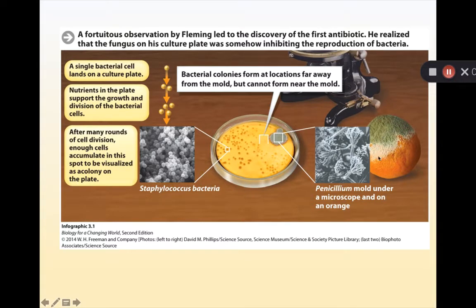The fungus that was able to disrupt the bacteria is very commonly found on oranges, where you see that white fungus that eventually turns green. This was a fortuitous event, essentially random, where we saw that bacterial colonies at locations far away from the mold were stable, but were not able to form near this mold.